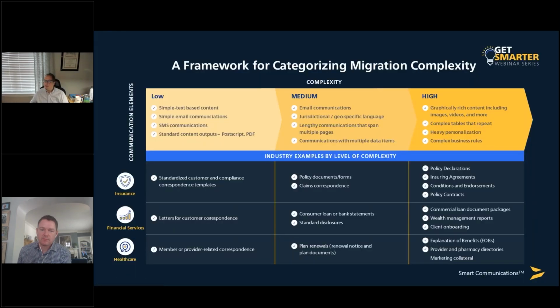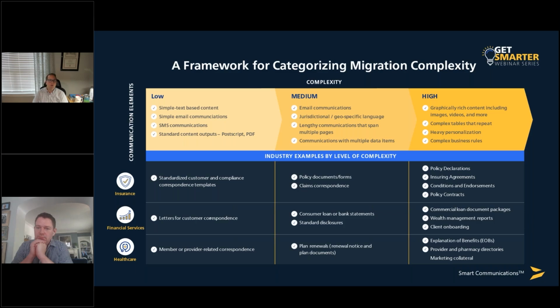So with those migration blockers in mind, you need to start categorizing your complexity. If you've worked with me and my team before, you'll know that I ask you to break up your templates into low, medium, and high complexity. When we talk about low complexity, these are simple text-based communications. They're emails or SMSs as well, and they're usually standard output.